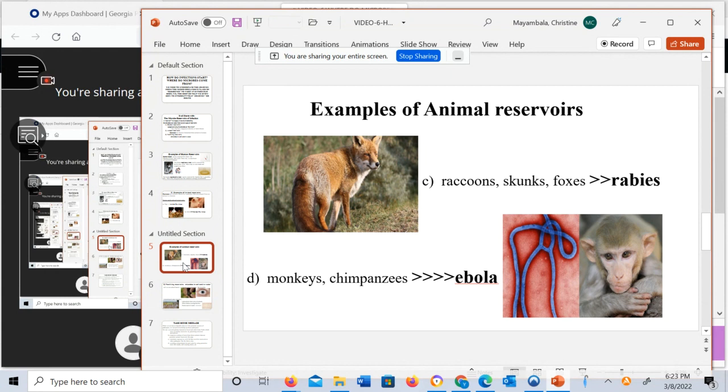If there are areas that are being cleared of forest and wild grown area in order to do construction, build new buildings, then those wild animals get replaced. Their living areas are being cleared, and they may end up in closer contact with humans.